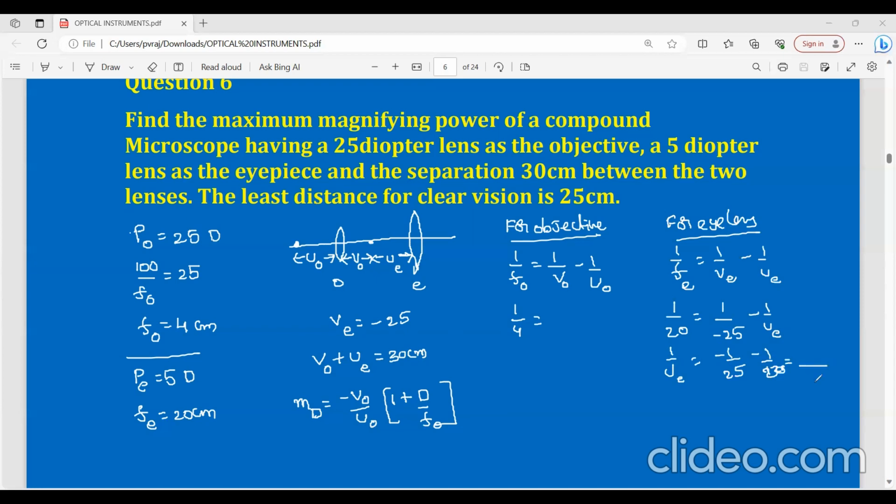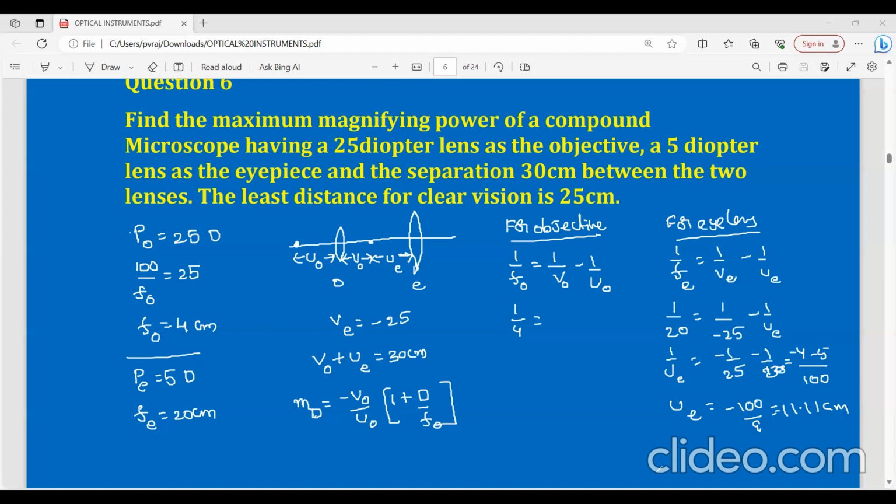And the LCM will be 100: minus 4 minus 5, that will be minus 9 by 100. And then UE equals minus 100 by 9, which will be 11.11 something. And of course, minus 11.11 centimeters is the value for UE.